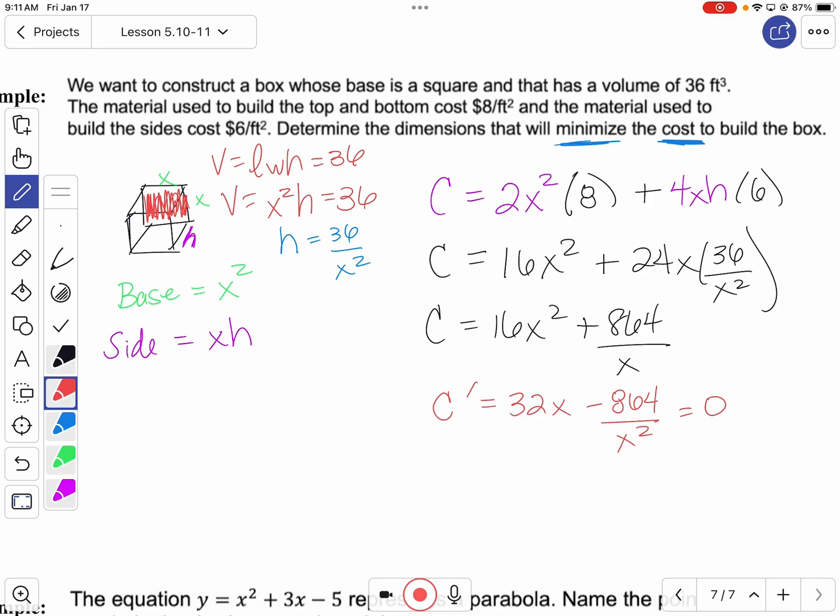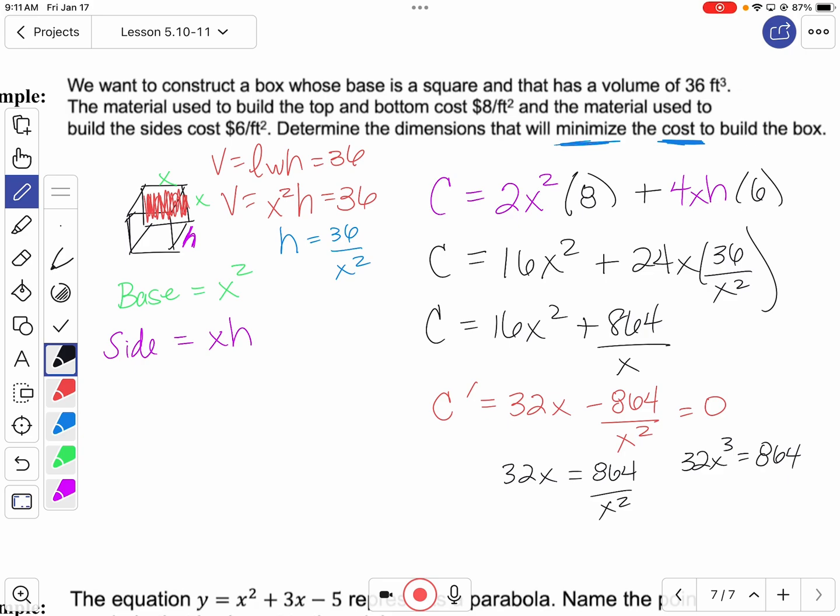We did one like this yesterday. What's the best way to get this into something we can solve? Move the fraction over so you can do a proportion. So I get 32x equals 864 over x squared, or 32x cubed equals 864.